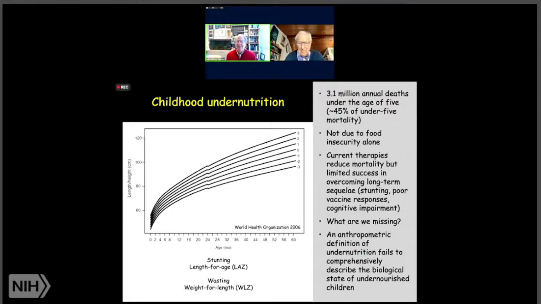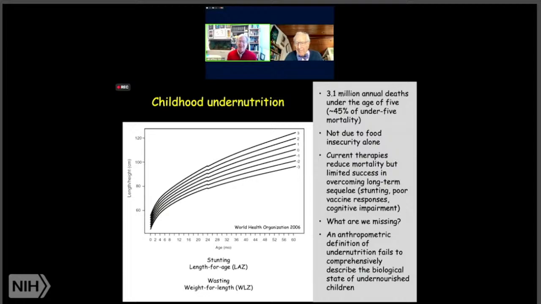The typical way of defining undernutrition is through the use of anthropometry, the measurement of height or length and weight at a particular age, and the referencing of those values for an individual to a multinational birth cohort assembled by the World Health Organization. And the definition of deviance from normal is based on the number of standard deviations an individual is from chronologically age-matched healthy individuals in this multinational birth cohort.